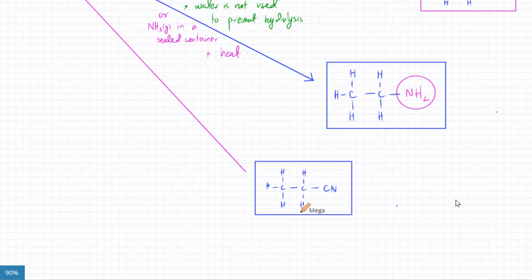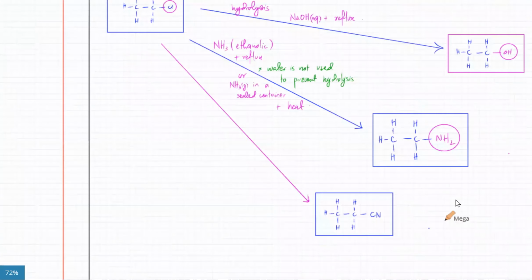So the halogen gets replaced by CN. The conditions that are used for this specific reaction are NaCN ethanolic or KCN. And again, it's ethanolic. Remember, we did discuss why ethanol was used. Plus reflux.